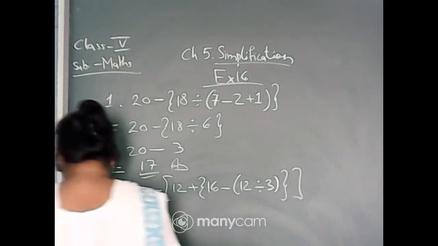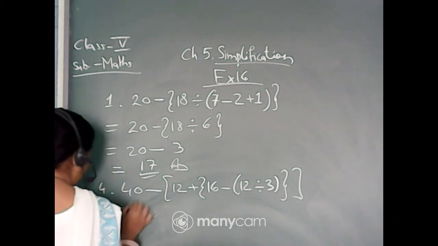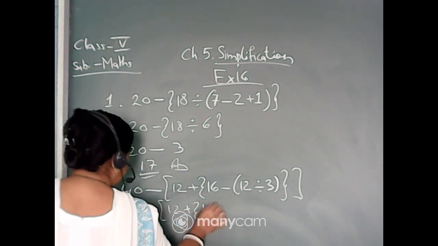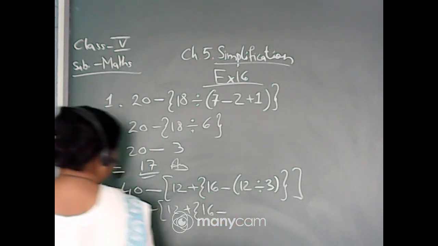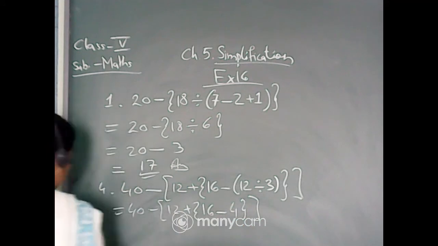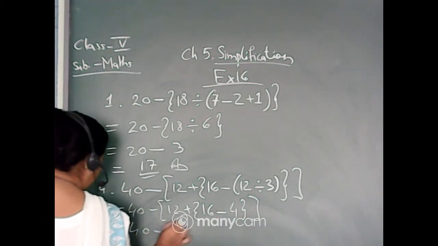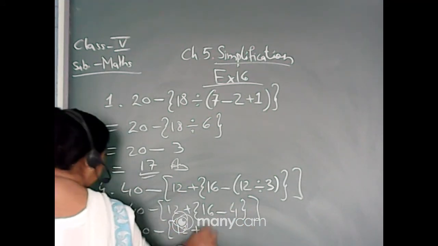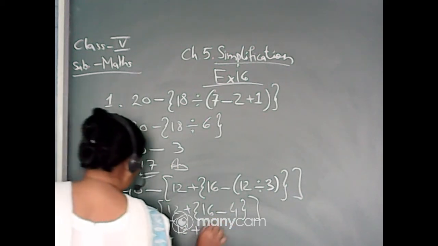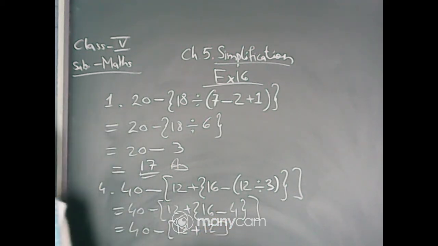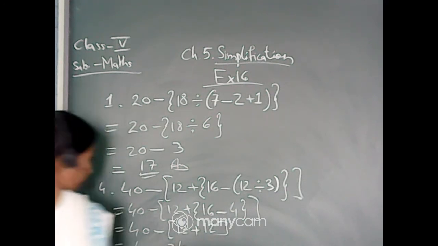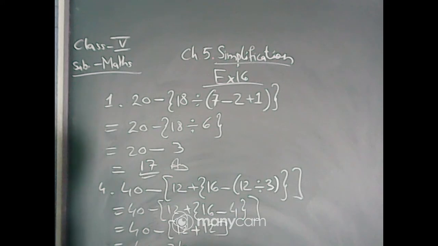Okay, so let us solve this one. 40 minus 12 plus 16 minus 12 divided by 3, it is 4. So the small bracket is solved. Now the curly bracket, 40 minus 12 plus 16 minus 4 is 12, isn't it? Now 12 plus 12, 24.